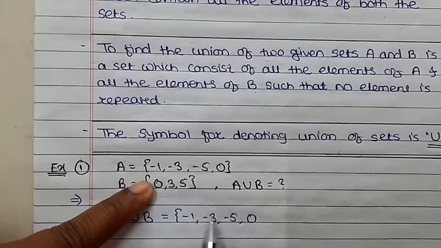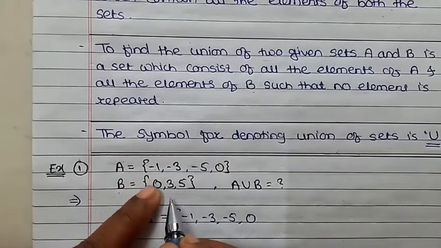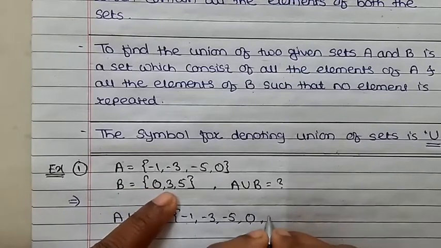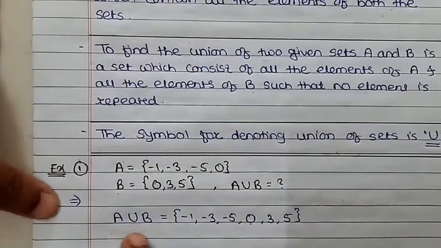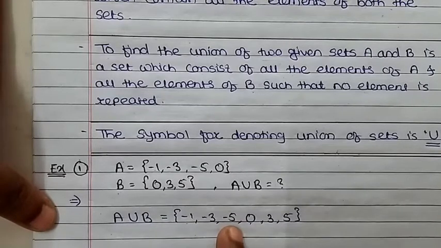Okay, -1, -3, -5 and 0. Next, come to set B. 0 is already in this set, so no need to write it down. Then 3 and then 5. So this is the union of sets A and B. Okay, no repetition allowed here, so therefore 0 is written down only one time.